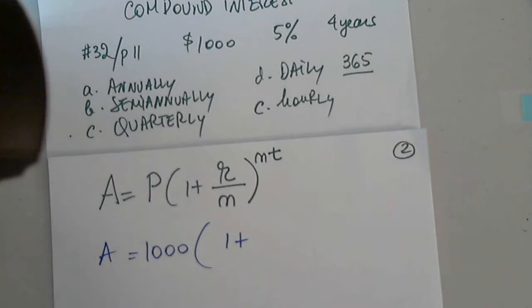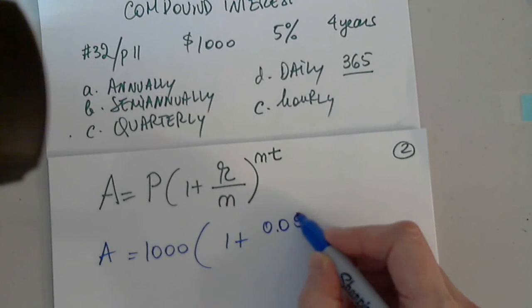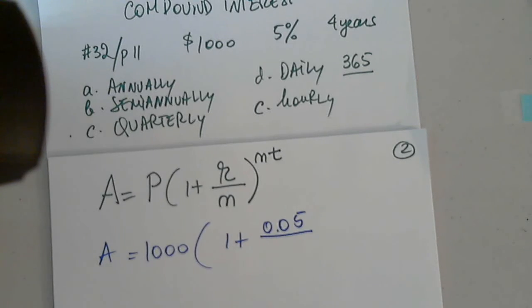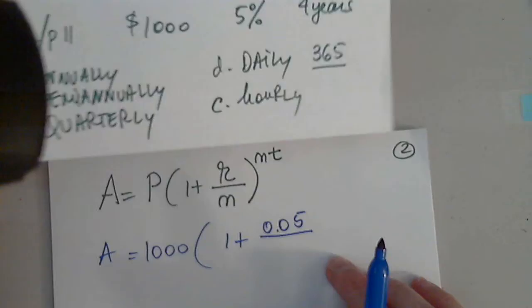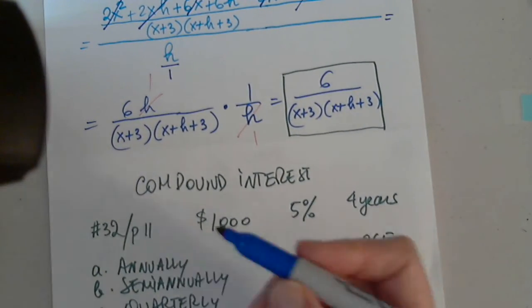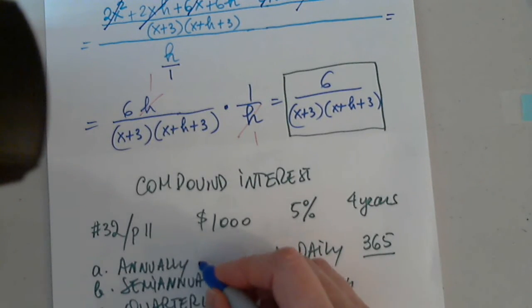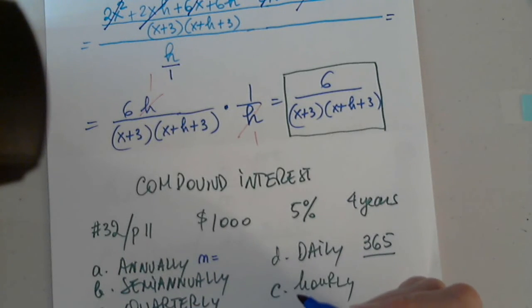1 plus. Let's say Alex, can you tell us what is the annual interest rate? The interest in this case 5. Yes, but we have to write it as a decimal number. 0.05. Okay. N, let's identify N in each situation. What is N for annually? 1.